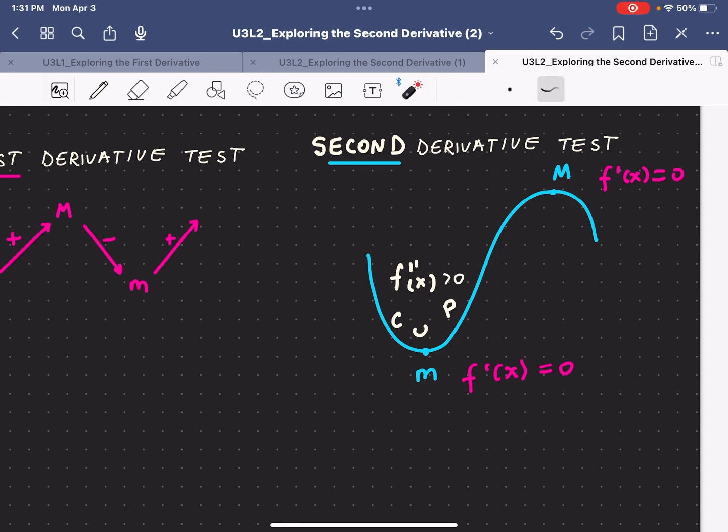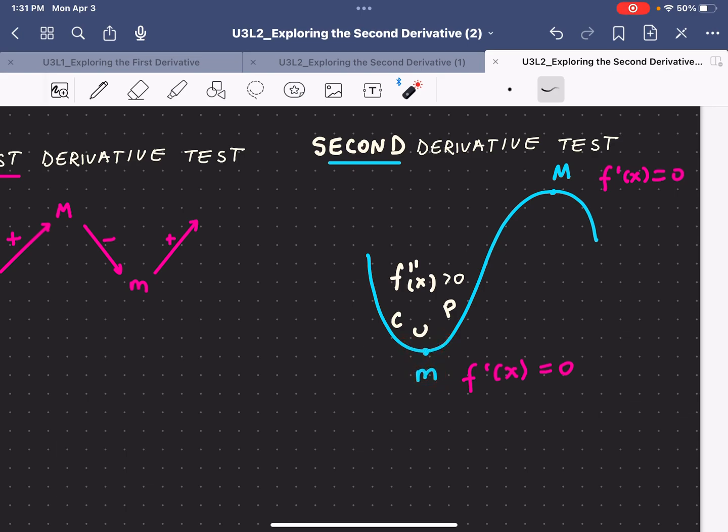So we are going to say that if we find a critical point on the graph of a function and we find out that at this critical point, at this particular x value, the second derivative of the function has a positive value, it means that the extrema will be in a cup and it will mark a minimum.